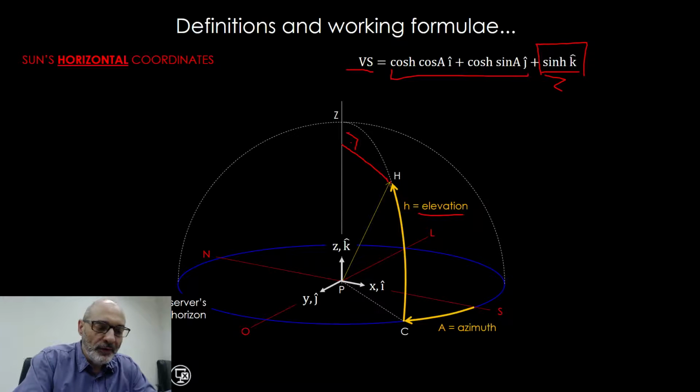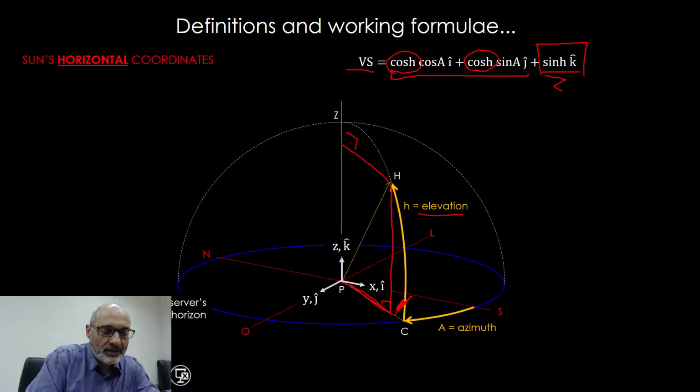Now the second part here, okay? If I project the solar vector here, this is 90 degrees, so I multiply this by the cosine of h, so cosine of h here. So this term here is this term, okay?